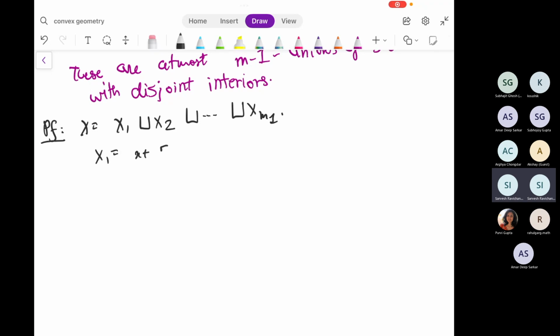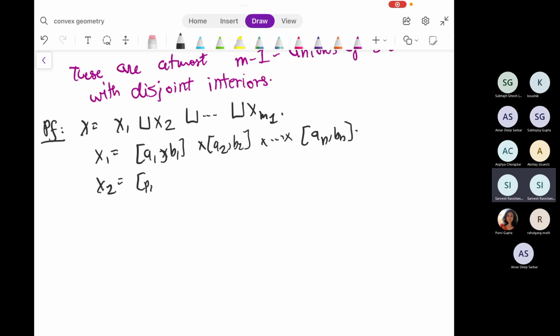So, X1 is A1, B1 cross A2, B2 cross up to AN, BN. And I can call X2 as P1, Q1 cross P2, Q2 up to PN, QN.